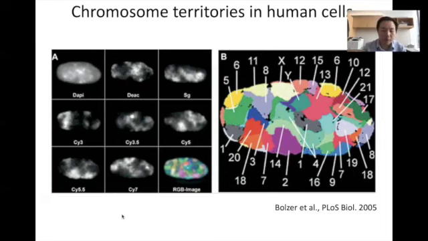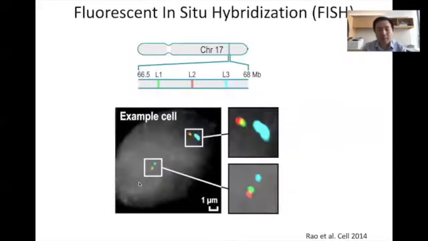We can further zoom in, and a very common technology used to study chromatin interactions is called FISH, which stands for fluorescent in situ hybridization. We can use different colors, even 2, 3, or 4 colors, to do FISH. The idea is like this. Suppose you have two regions in the genome, in this case L2 and L1. You want to investigate whether there's a chromatin looping event between L1 and L2.